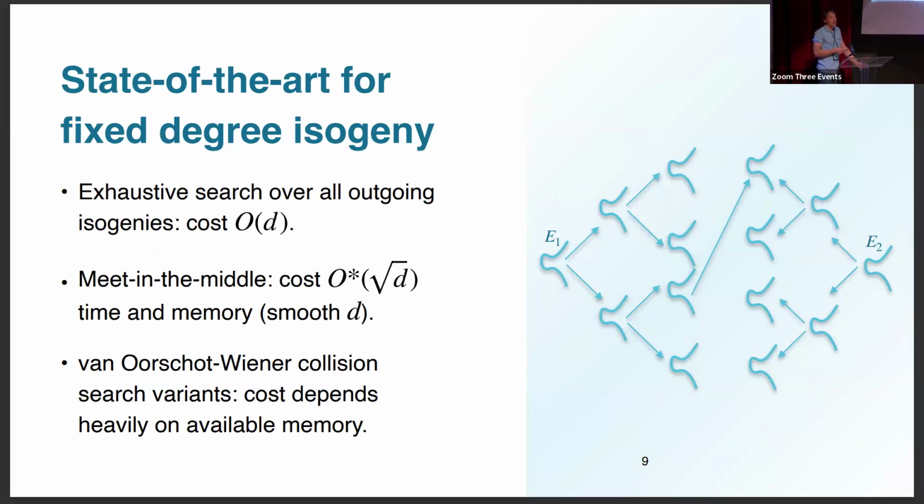So what was the state of the art before our work? You could use exhaustive search, which costs O of D. Then there's a meet in the middle attack, which costs O star of square root of D. And then there are van Oorschot-Wiener collision search variants, which depend heavily on the available memory.